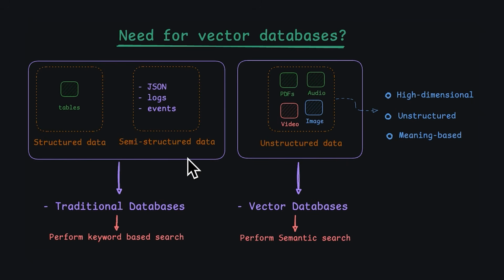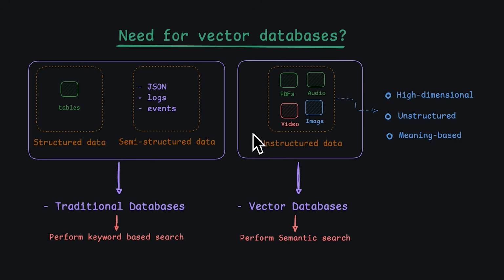Now, before understanding the need for vector databases, let's look at the types of data that we have today. First we have structured data, which is like tables, rows, fixed schema. So this is all structured. And then we have semi-structured data, like JSON, logs, events.